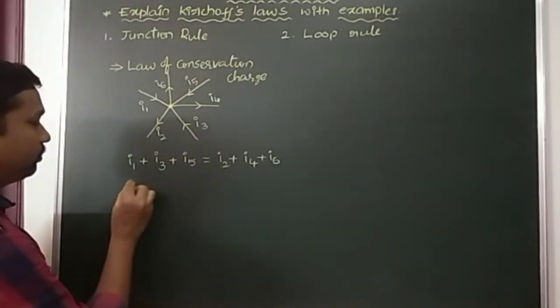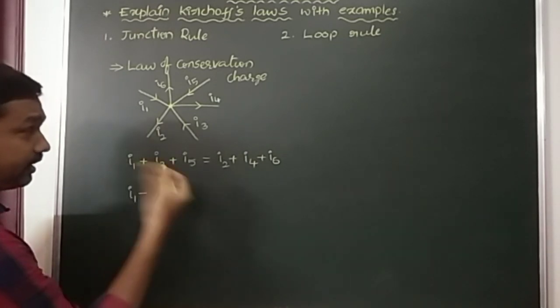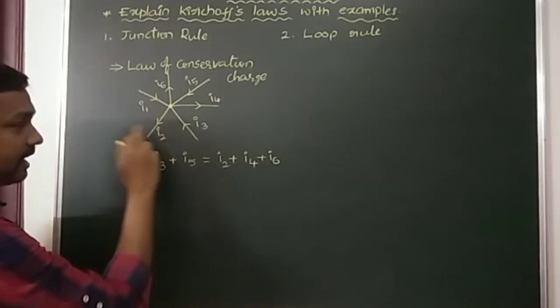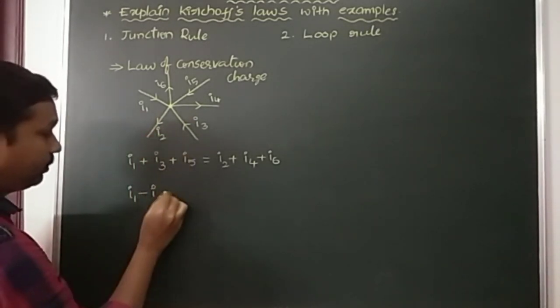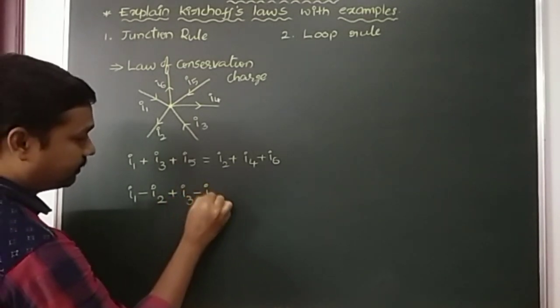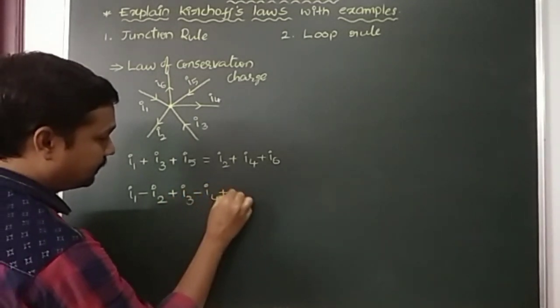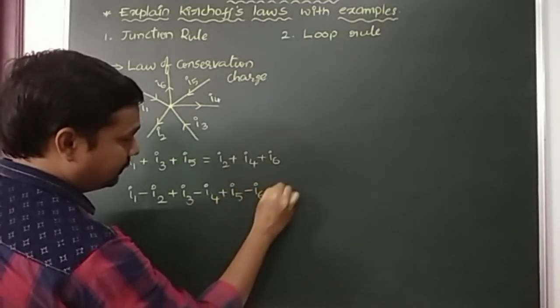On the basis of this, what will you get? Here coming toward the junction, I am considering as plus and leaving away minus. So I1 minus I2 plus I3 minus I4 plus I5 minus I6 is equal to 0.